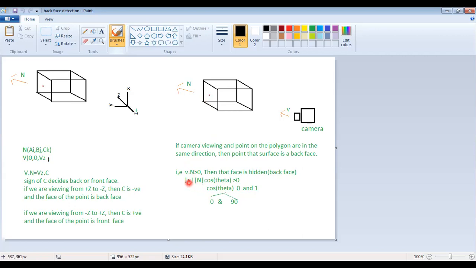So what matters for me, to be greater than 0 or less than 0, is the value of theta.